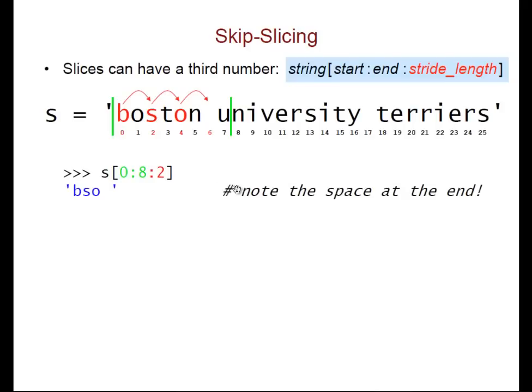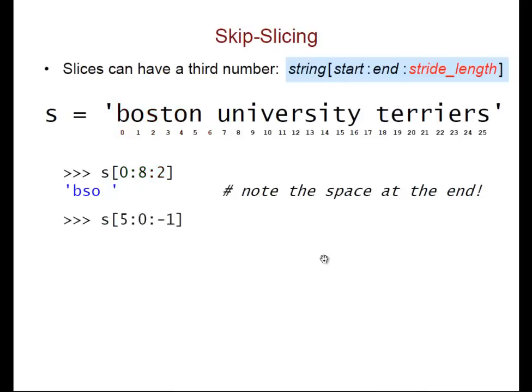And so I'm going to end up skipping and getting every other character. And so I end up with the string BSO and then a space at the end. So I start at 0, then I add 2, that's my stride length, then I add 2 more, then I add 2 more. And those are the characters that I get.